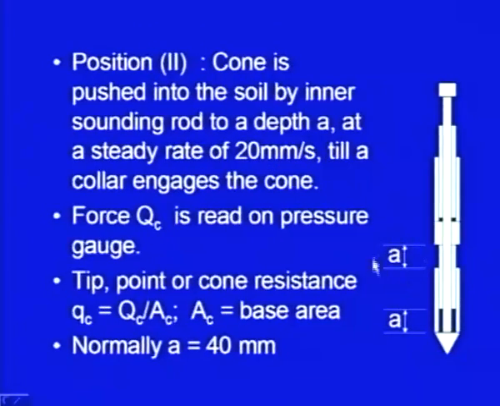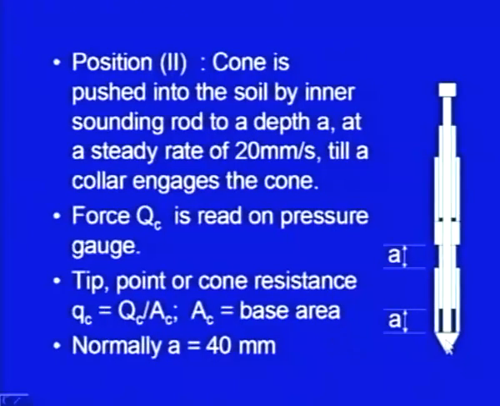After this standard distance a, the mechanism is such that it automatically stops, and the arrangement is there where you can read this force QC on the pressure gauge. There will be some force which will be required to push this cone assembly into the ground for the known distance, and that QC can be read on a pressure gauge which is mounted on the equipment.